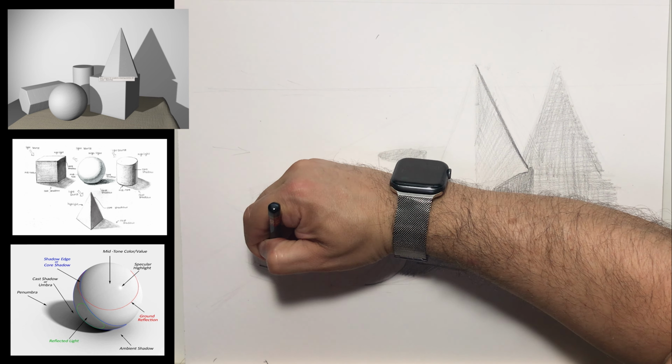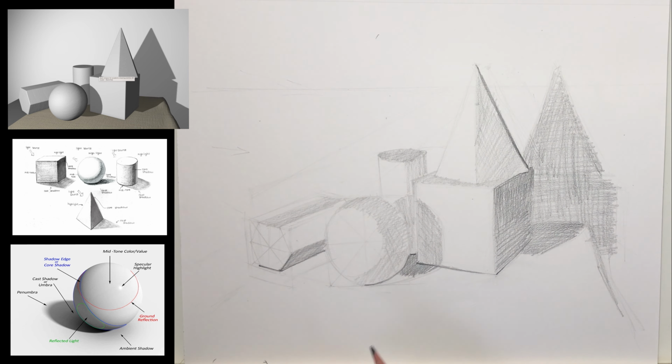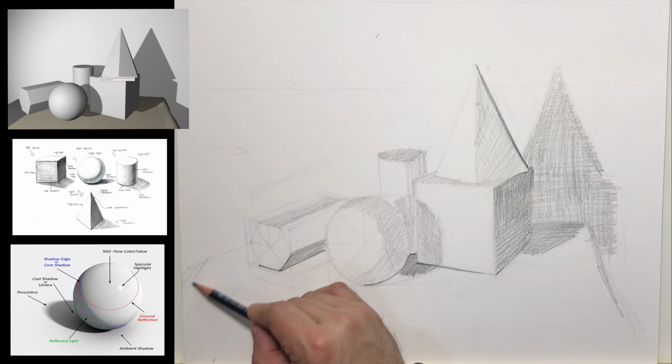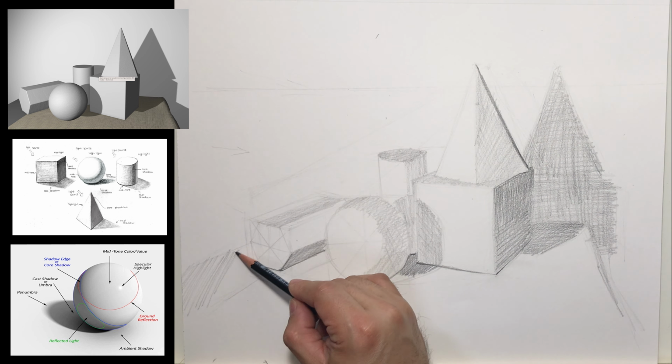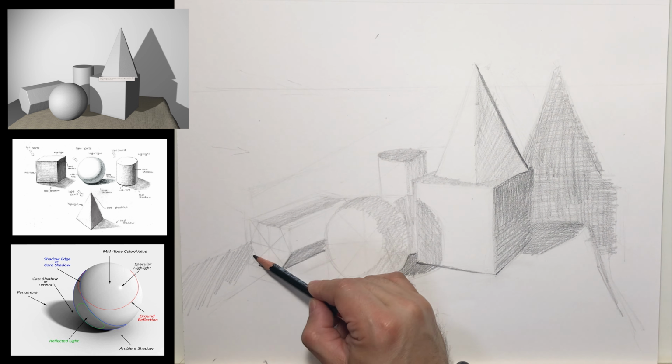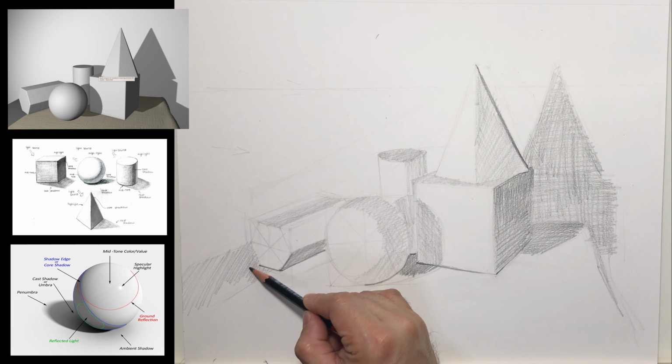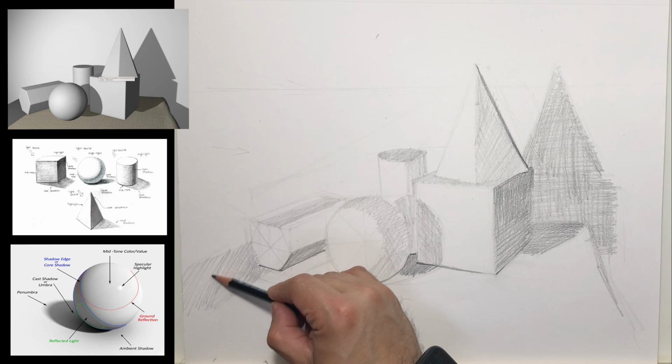See here. And it seems like this area here, it's dark. So I'm gonna give it a little bit of value. That'll help with the white of the front of this prism to be more visible.